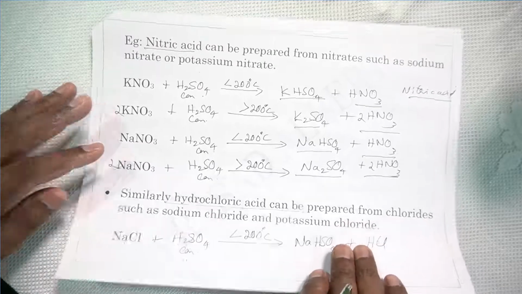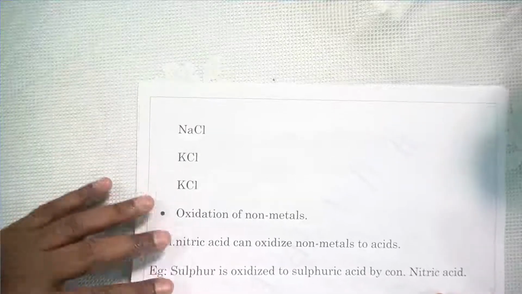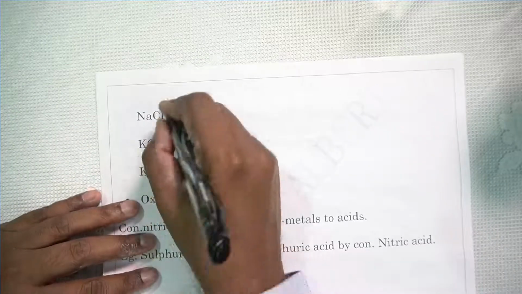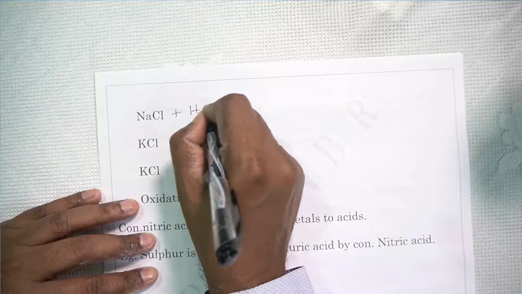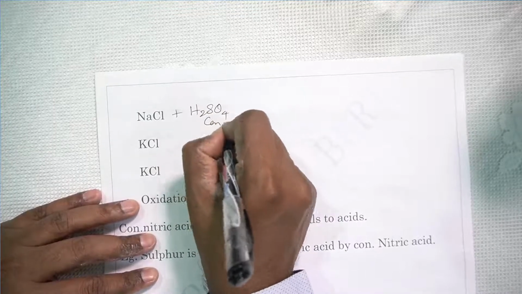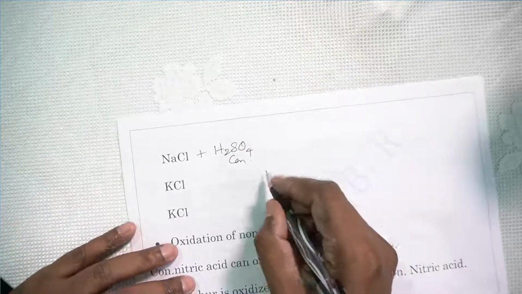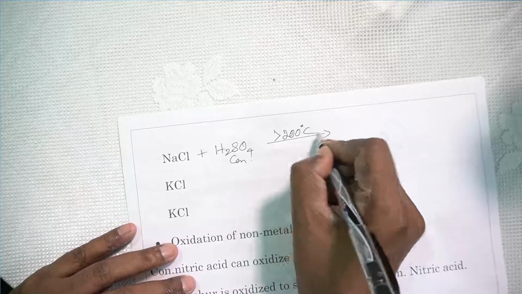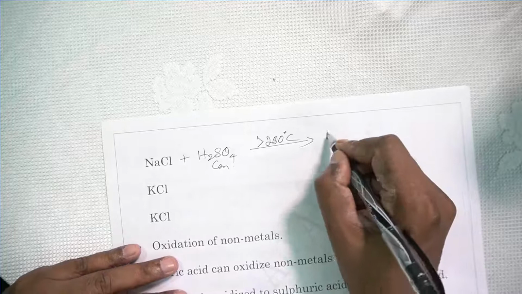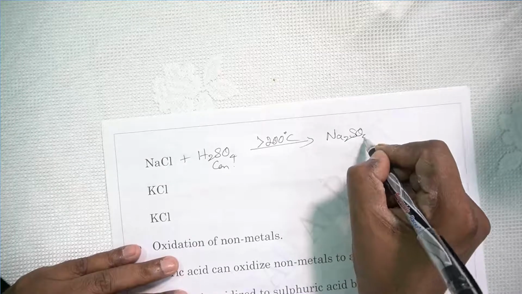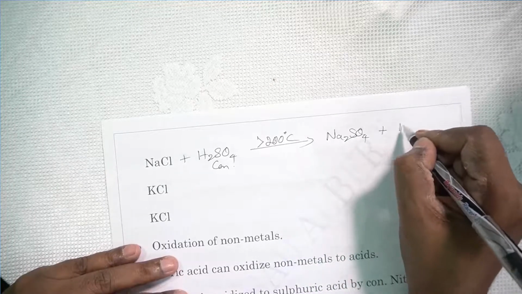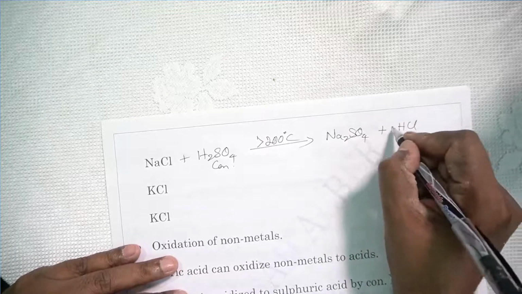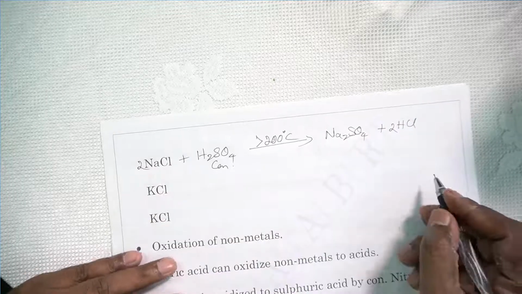Now the reaction can be continued in the same way as we did for nitric acid. We can have concentrated H2SO4 again, and here we have the temperature above 200 degrees Celsius, giving Na2SO4 plus HCl. Now 2 HCl and 2 NaCl, that's how you balance it.